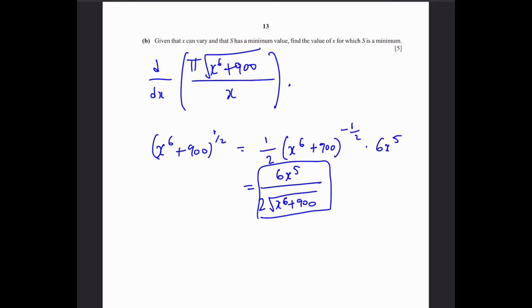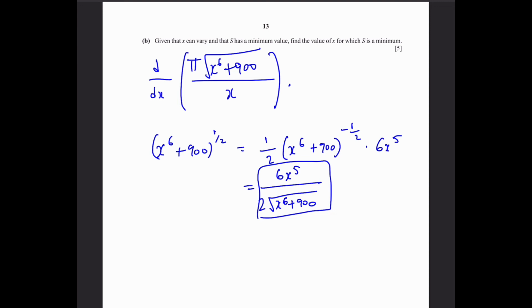Now we need to find the derivative of the whole function here. So using the quotient rule. The quotient rule states the derivative of function p by q, where p and q are functions of x, will become q times p prime minus p times q prime. So q times the derivative of p minus p times the derivative of q.